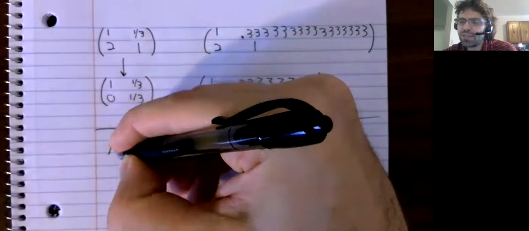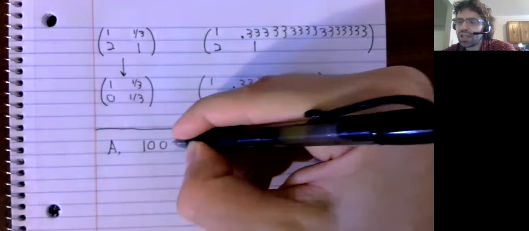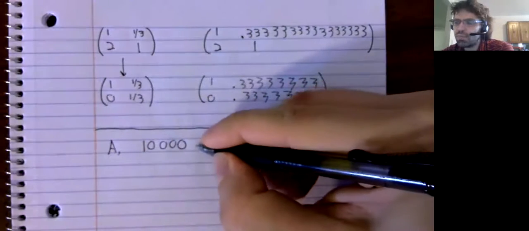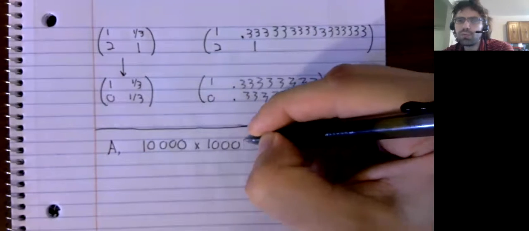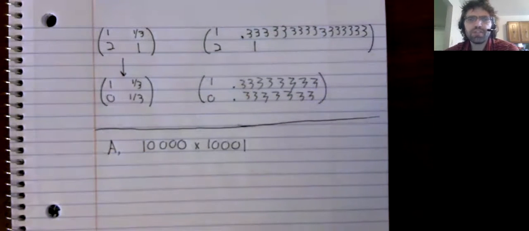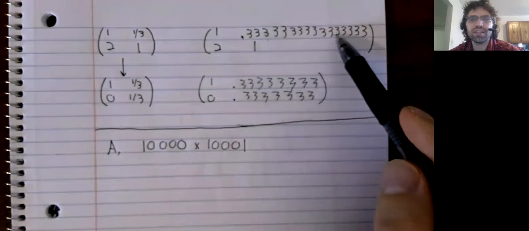Say A is 10,000 by 10,001. If you had an equation with 10,000 variables and 10,000 unknowns, in real-life applications, systems of this size are common, and maybe every entry of the matrix is a fraction like this.